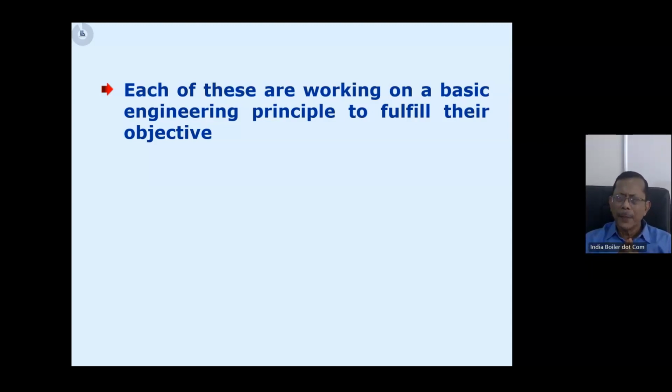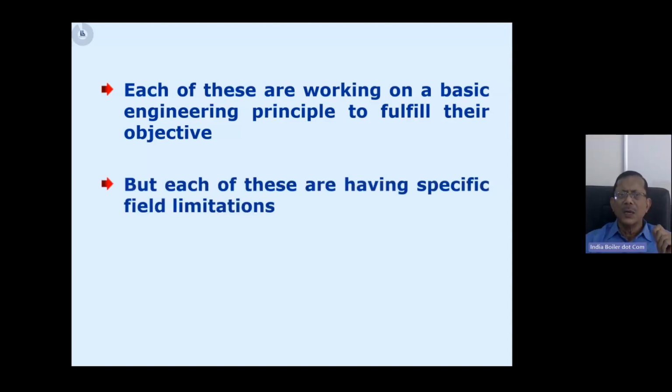Now, when you are following a system, the system outputs in terms of various parameters will give you the idea to what extent things are working towards the ideal condition, right? Because unfortunately, every component in the actual world is working with specific field limitations. Nothing is ideal in the practical boiler system.